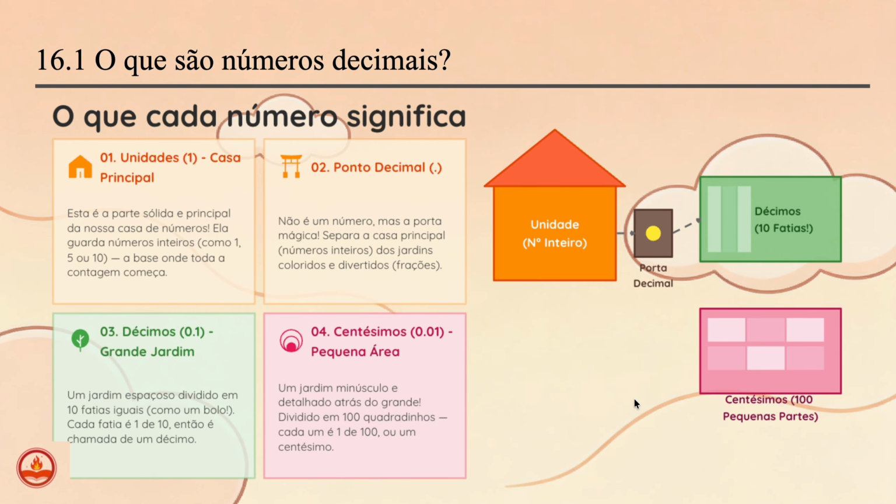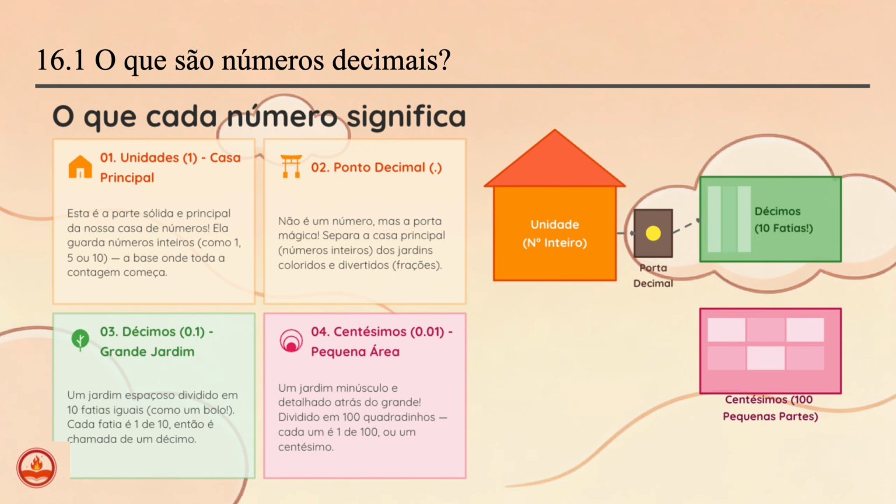Each number in the decimal has a special place and a special value. Let's use our imagination. Think of the number as a house. The number before the decimal point, like the 1 in 1.5, is in the units place. That's the main house. We call that units place.